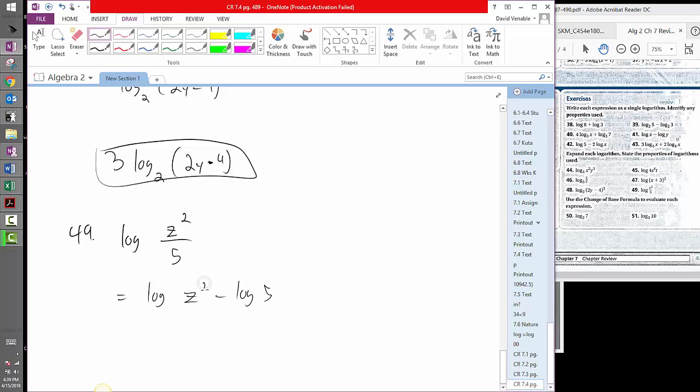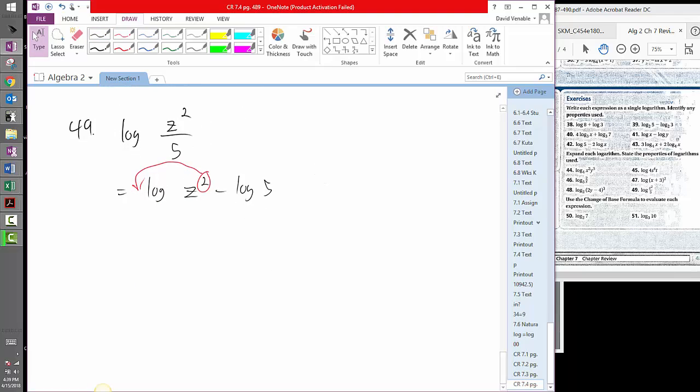This is correct, but you could go further if you want. Again, these kinds of questions are usually multiple choice when you encounter them in any test. So 2 log of z minus log of 5 is the expanded form of that logarithm.